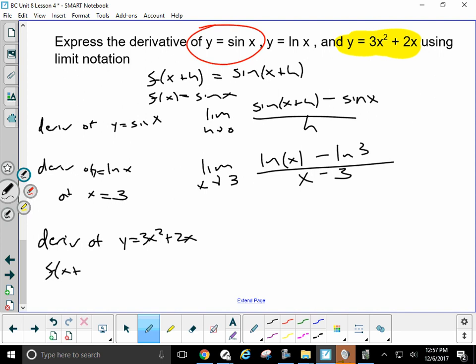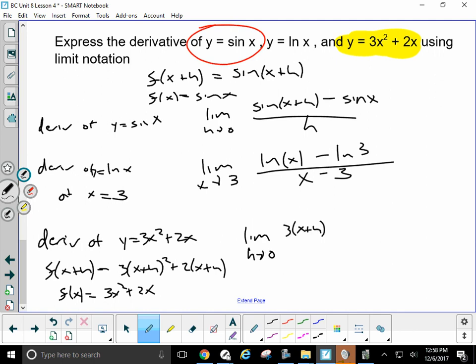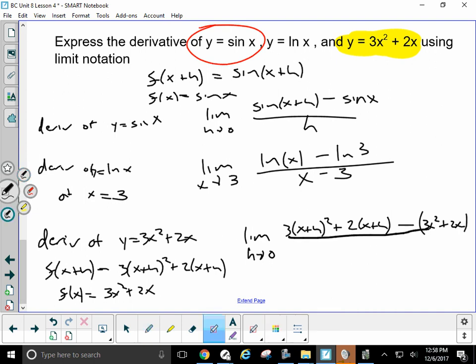F of x plus h. Wherever you see x, you need to replace it with x plus h. F of x is just 3x squared plus 2x. So expressing the derivative of 3x squared plus 2x would be 3 times x plus h squared plus 2 times x plus h minus 3x squared plus 2x, that entire f of x, all over the h.